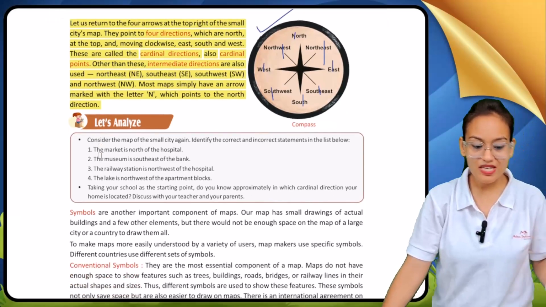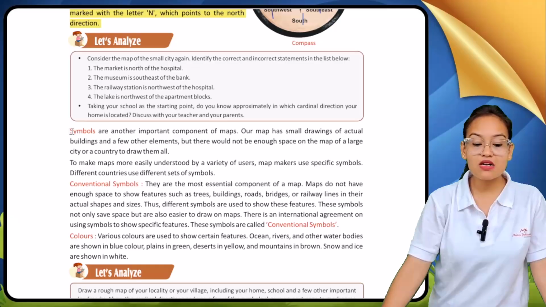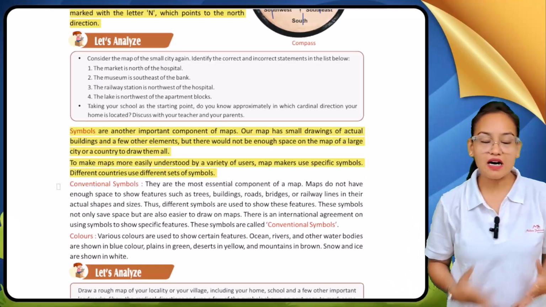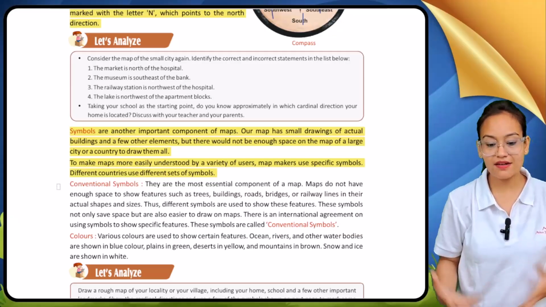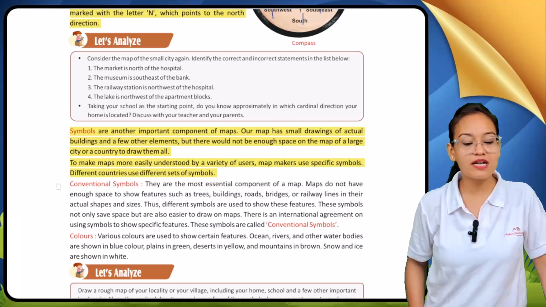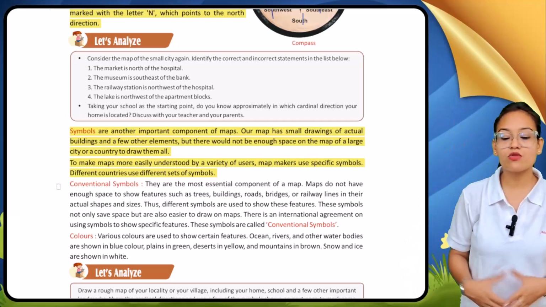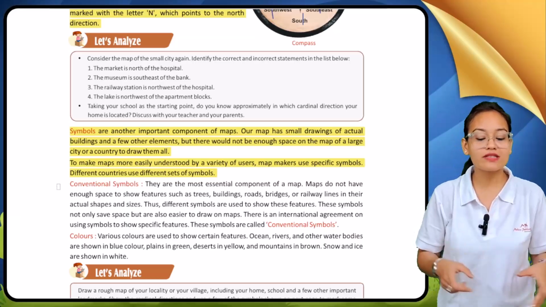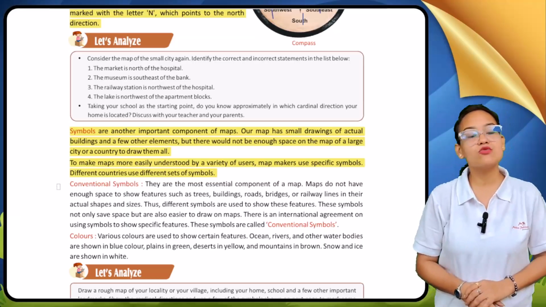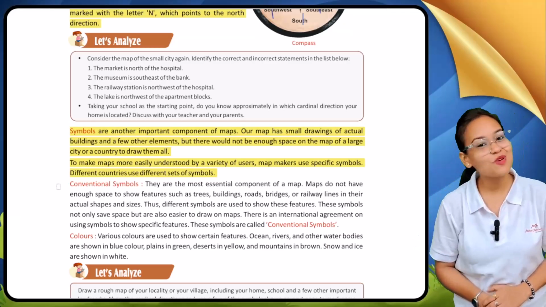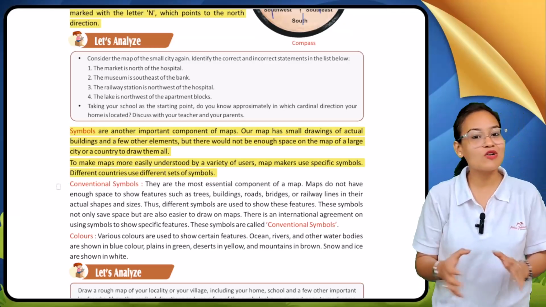Now symbols are also used in our maps. Symbols are another important category in maps. A map could have a small drawing of an actual building or other elements, but there would not be enough space on the map of a large city or a country to draw them all. So symbols are used to show a particular building on a map, because it is not possible to show each and everything on a map.